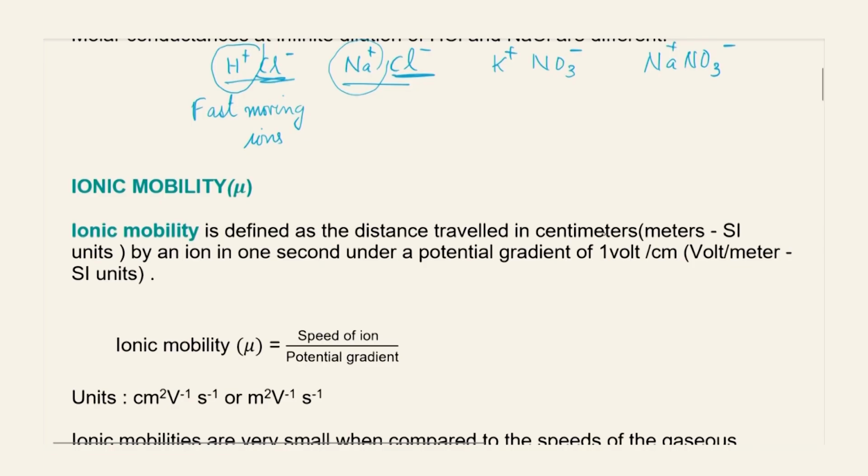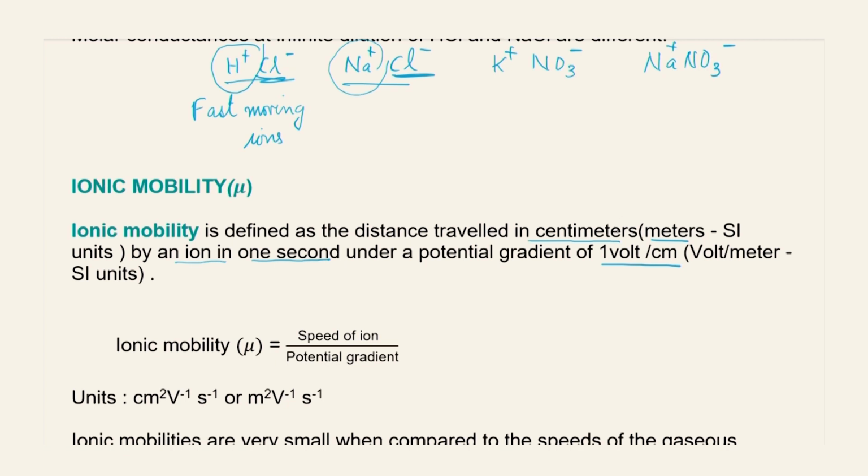So, we introduce a new term known as ionic mobility, somewhat related to the speed of the ion. Ionic mobility mu is defined as the distance travelled in centimeters, or in meters if we consider the SI unit, by an ion in 1 second under a potential gradient of 1 volt per centimeter.